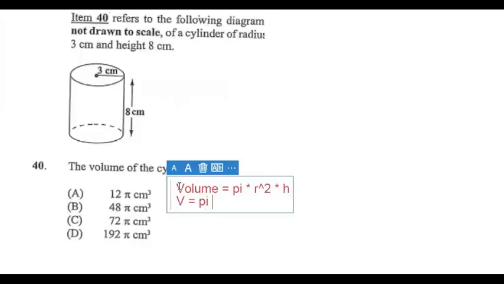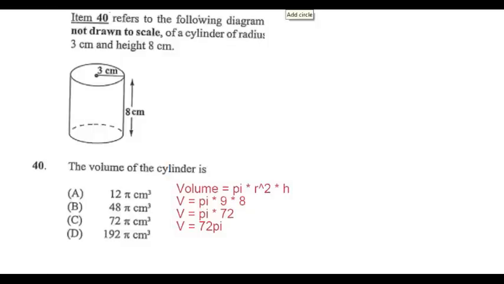So volume is equal to pi multiplied by 3 squared, which is 3 3s are 9, multiplied by the height of 8, and volume is equal to pi multiplied by 9 times 8, which is 72. So therefore volume is equal to 72 pi. In the answer they flip it around. So therefore the answer for 40 is C.